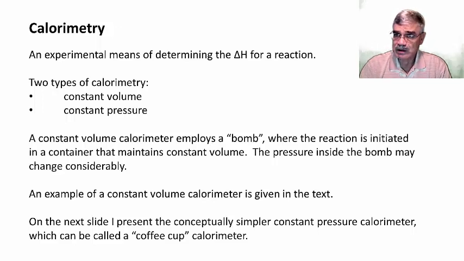Now, I won't focus on a constant volume calorimeter. You can look in the textbook and see examples and see problems involving a constant volume calorimeter. Instead, I'll focus on the constant pressure calorimeter, which is a little bit easier conceptually. And this constant pressure calorimeter is something that we call a coffee cup calorimeter for reasons that will become obvious.